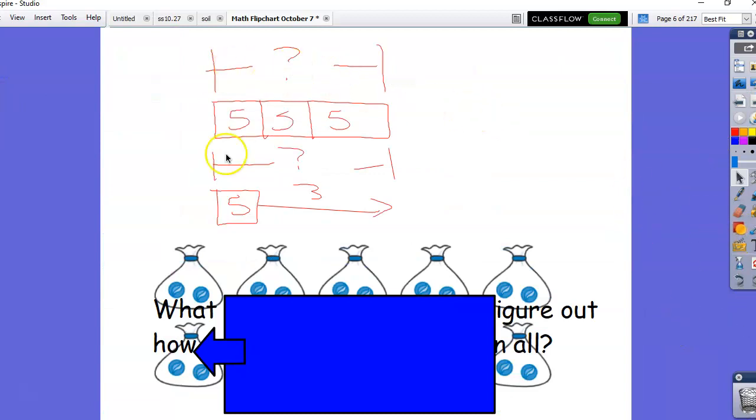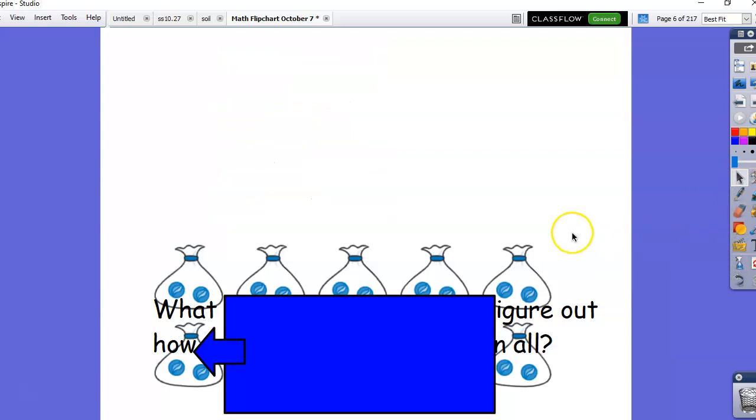We showed how you can still remember how to do a strip diagram. And then this would be a strip diagram of 3 times 5. Right? 3 groups of 5, or 5 in each group, and there's 3 groups. The 2 different ways to represent a strip diagram.